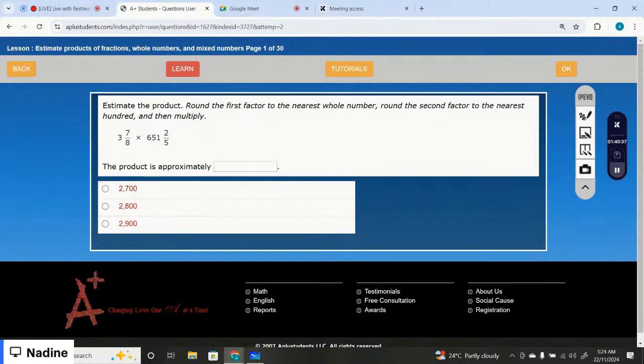Estimate the product. Round the first factor to the nearest whole number. Round the second factor to the nearest 100.